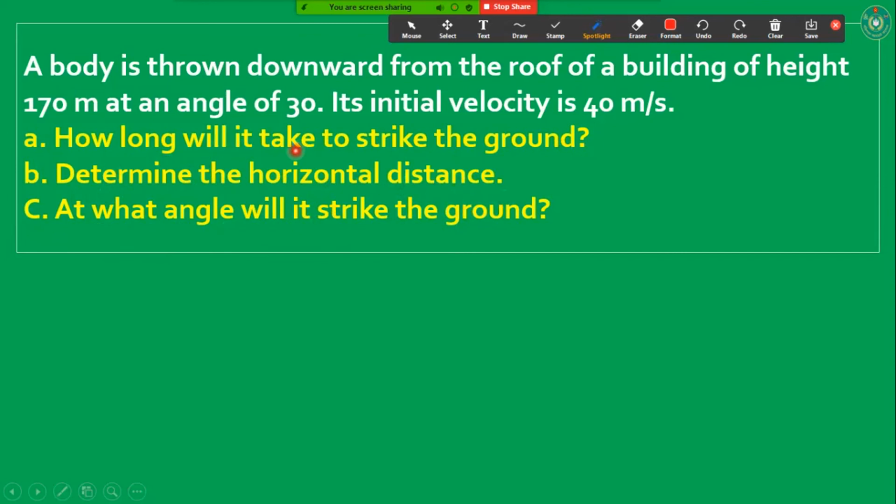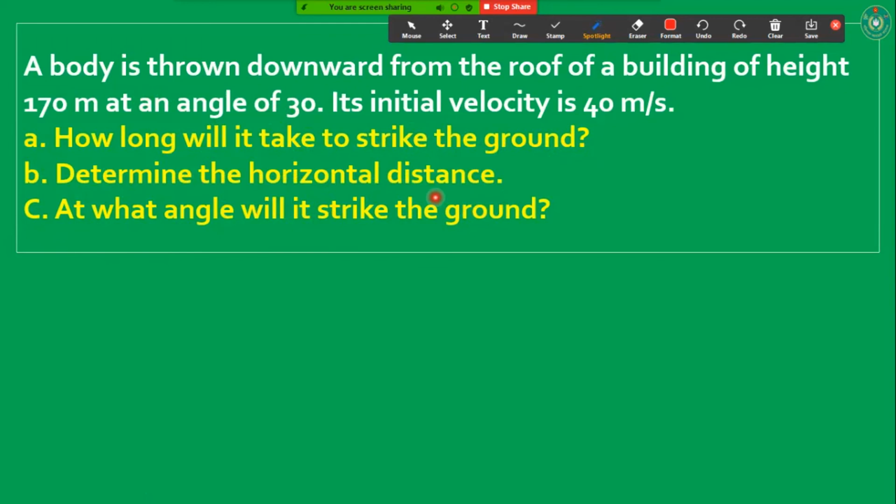At first, how long will it take to strike the ground? You know it very well that the equation of horizontally projected projectile is very similar to the equation of falling body.